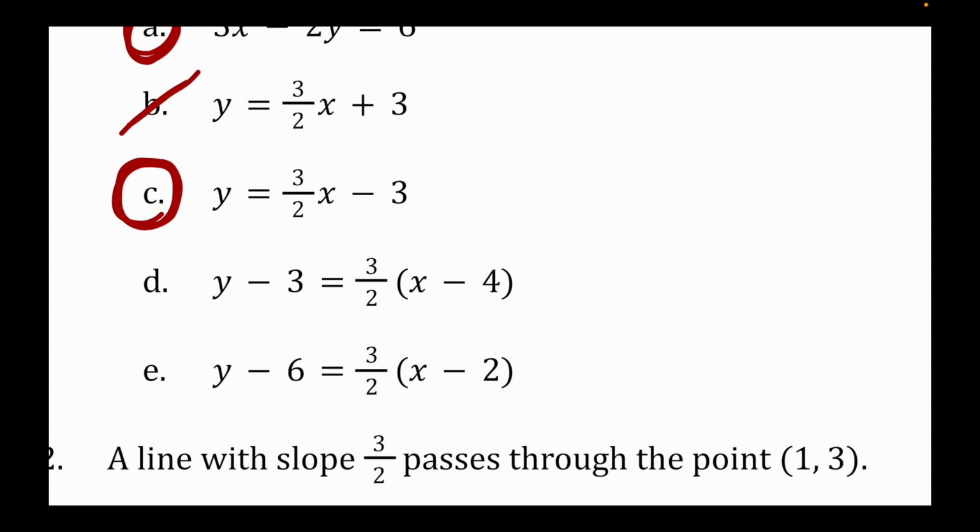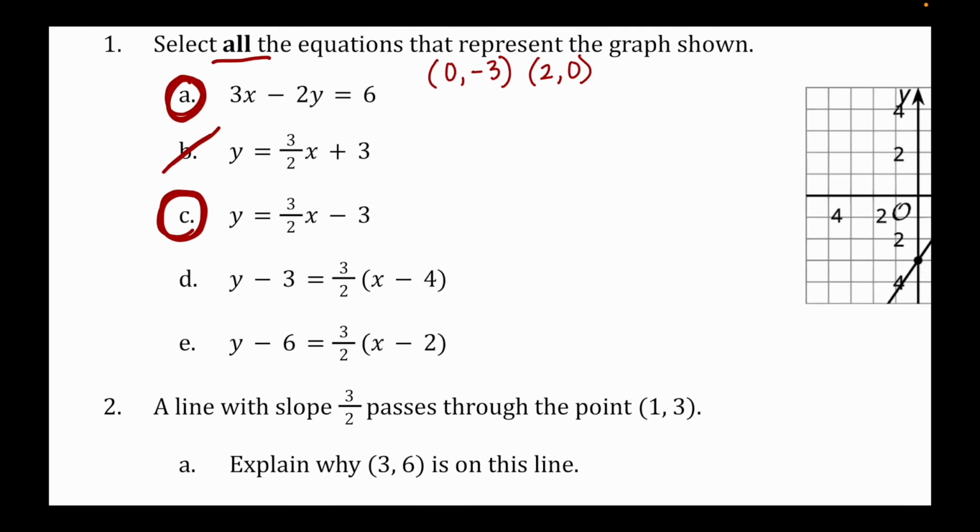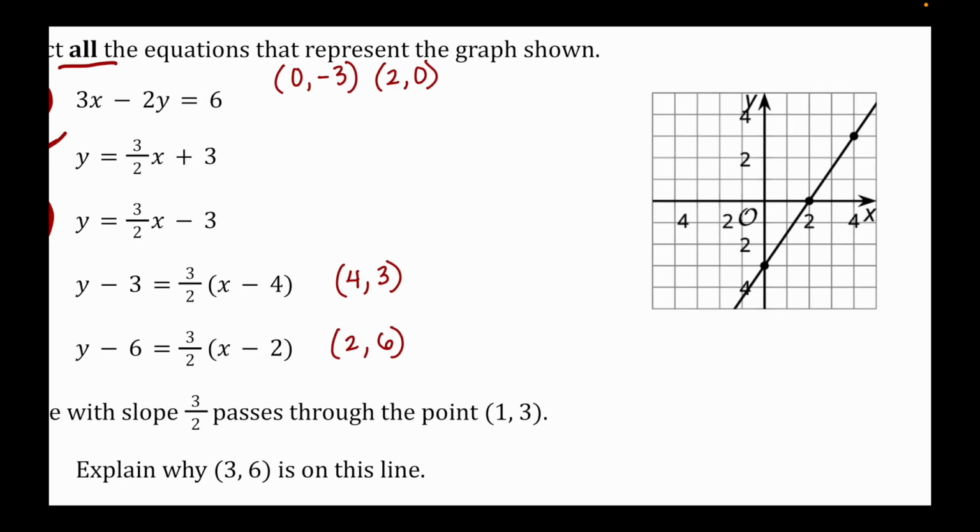This here shows 3 over 2 in our m position, which is good because that's our slope. But we want to check if the points that they say it passes through actually work. This one is saying we have the point 4, 3, and the one below it is saying we have 2, 6. So we're going to check both of those.